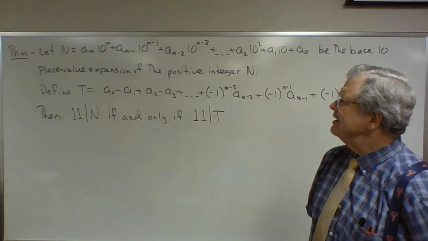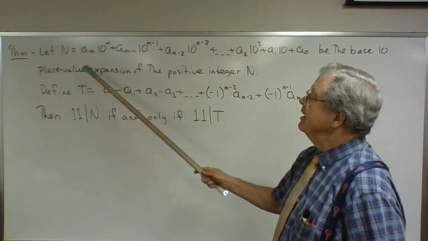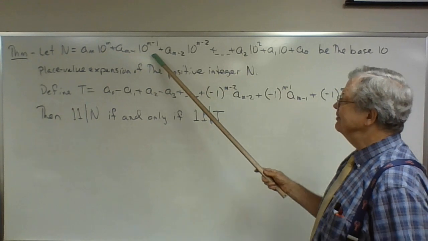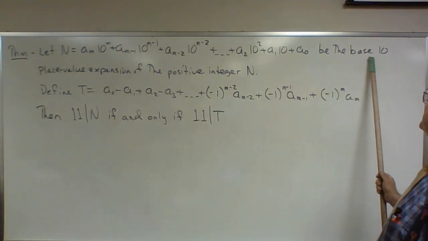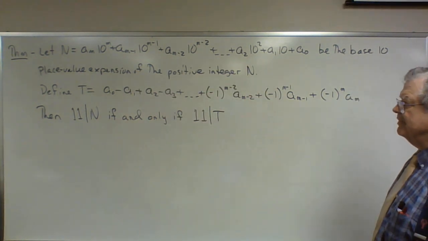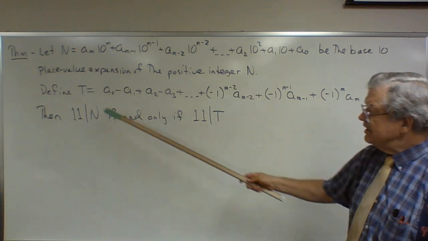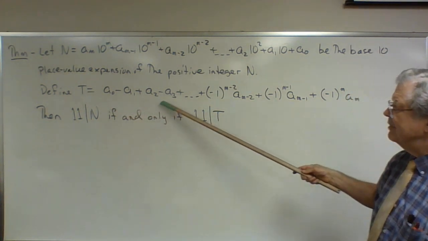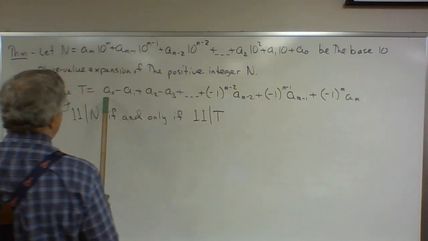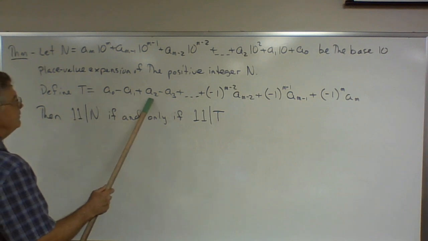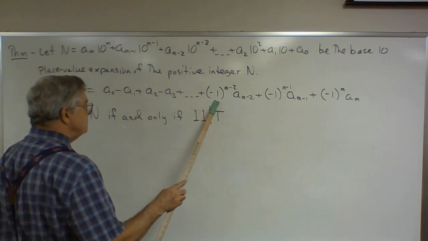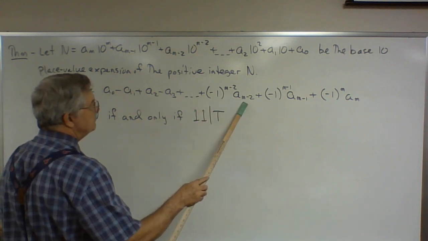Here's a result that's not nearly as well known. Let N be a_m 10 to the m plus a_(m-1) 10 to the m minus 1, and so on, the base 10 place value expansion of the positive integer N. And now we define T to be the alternating sum and difference of the coefficients: a0 minus a1 plus a2 minus a3, and so forth.